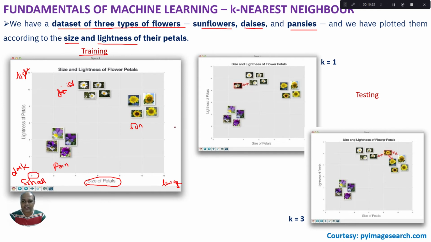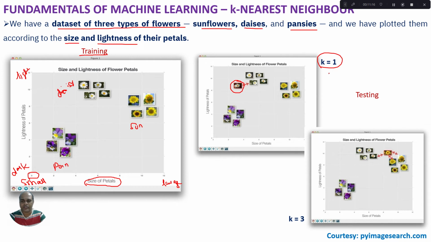So now let us try to do the testing part. In the testing part, a new data point comes. So here I have taken a new data point. This data point needs to be identified, or it needs to find the closest match. Let us take an example, k equal to 1, which means I need to find the very first closest match.